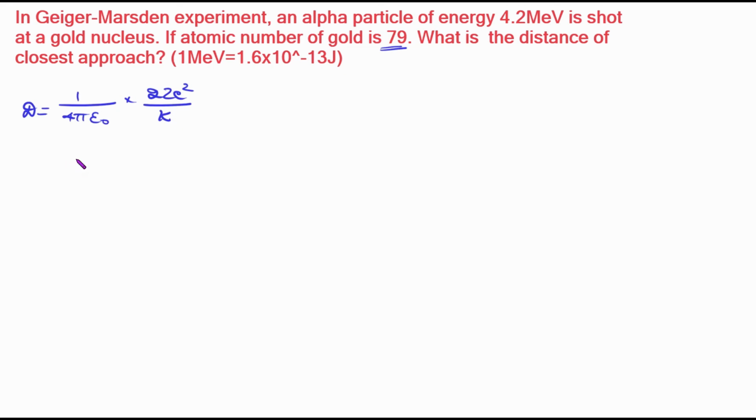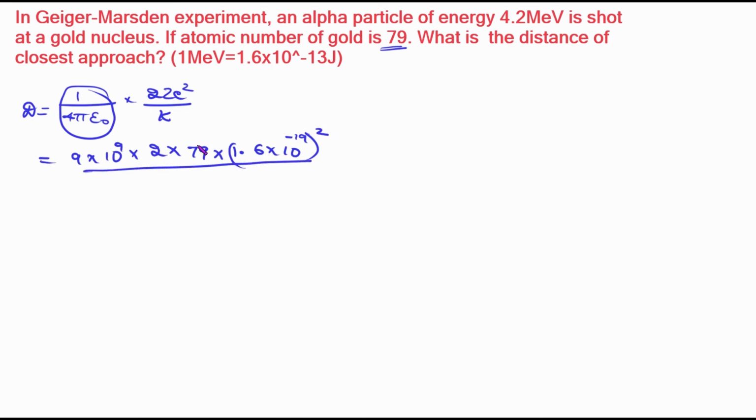Okay. So now the next step is substituting. The value of 1 divided by 4 pi epsilon naught is 9 into 10 to the power of 9, into 2, the value of Z, which is the atomic number, is given as 79, and the value of e is 1.6 into 10 to the power of minus 19, whole square, whole divided by K, which is 6.72 into 10 to the power of minus 13.